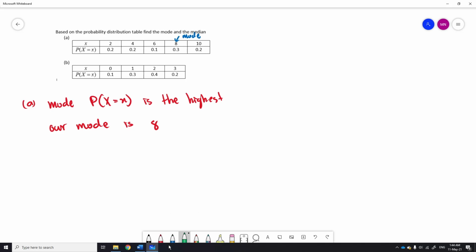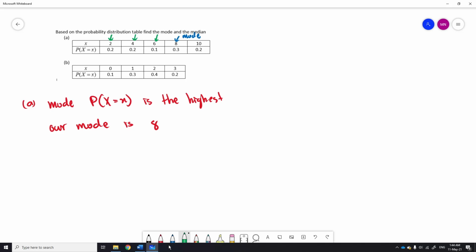Okay, then for the median, we have to add up one by one. We will start with the smallest value of x. The smallest value of x here is 2. Then we will do 4, then 6, until we reach the probability of 0.5 or 1 over 2.